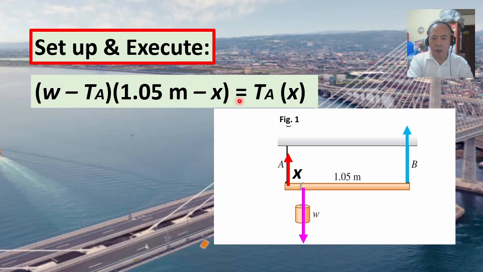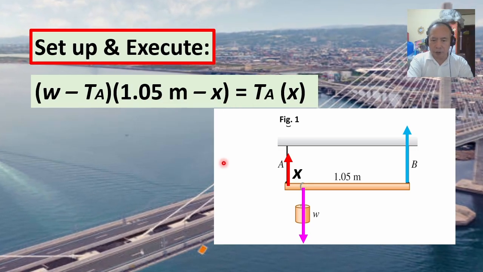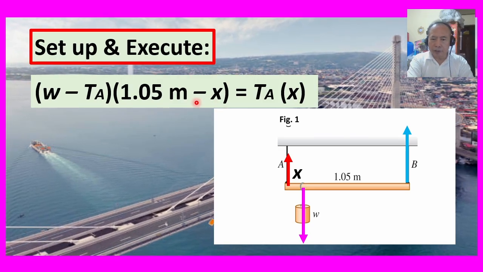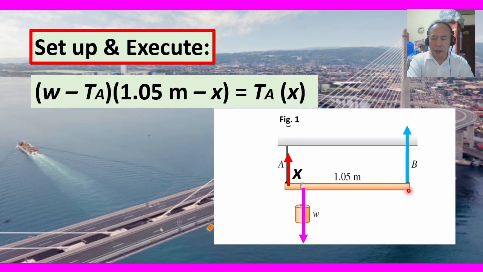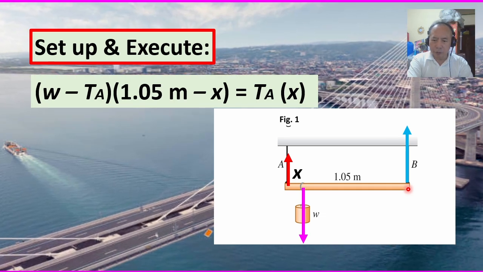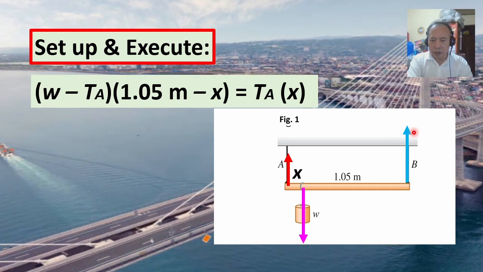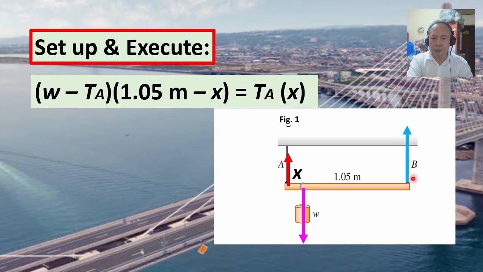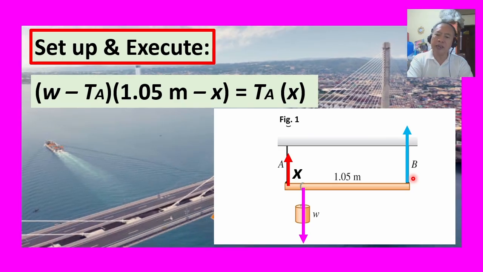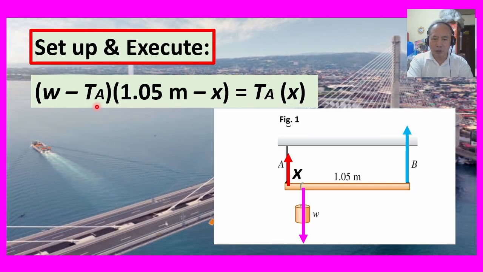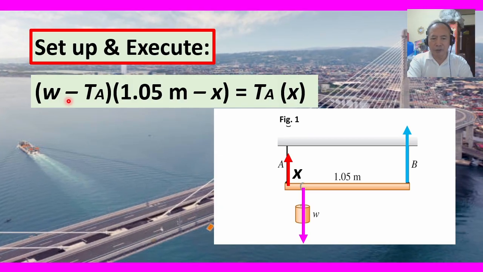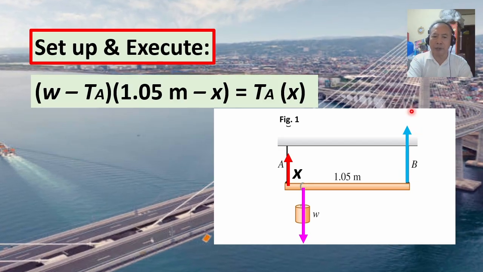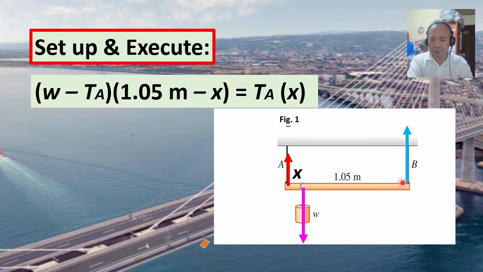The left side of this equation represents the torque that is caused by the tension in wire B. Earlier, we labeled that as T sub B, but we already replaced that by W minus T sub A. So W minus T sub A is the force T sub B. Notice that it is directed upward, vertically upward.